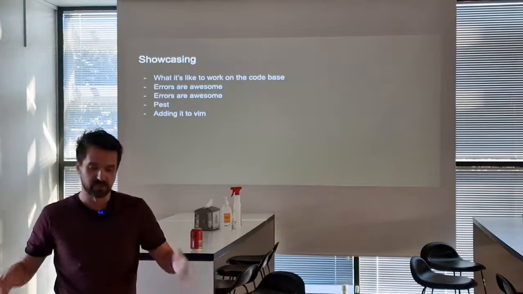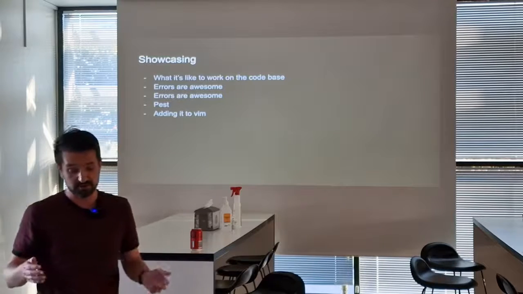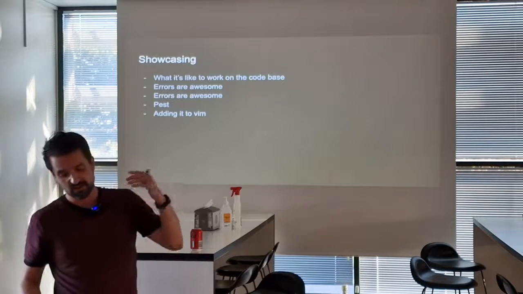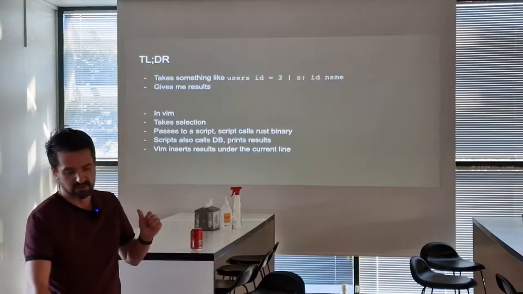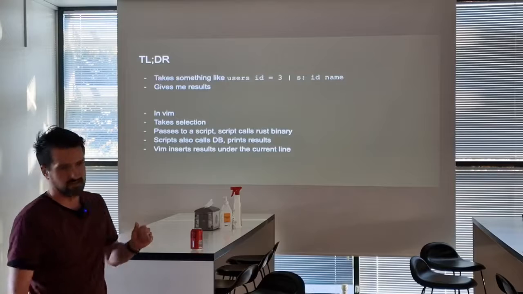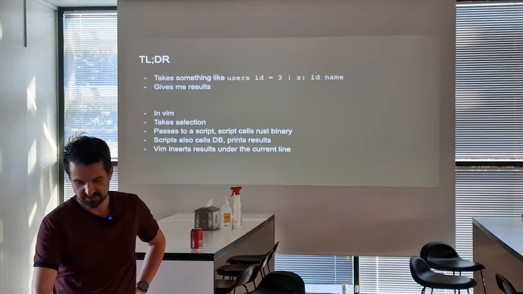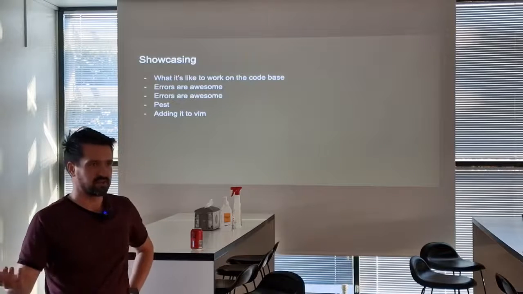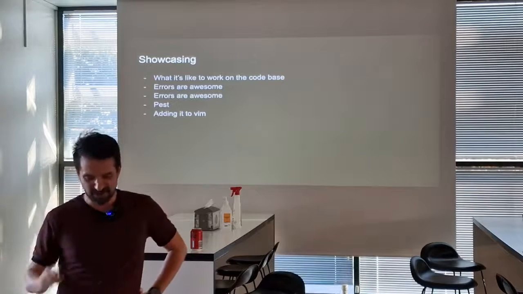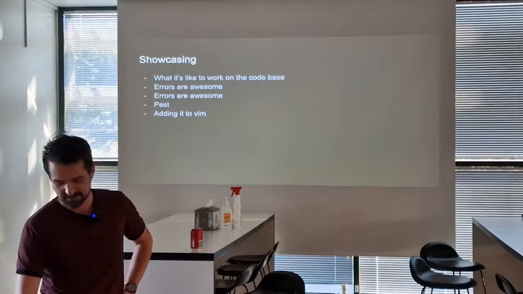What are the good parts? I want to talk about errors a bit, and then what I use to create the small language that we have in there, and how easy it is. I think a lot of things could be easy when you can create your own language. And I'm also going to talk about adding it to Vim. If you're marginally familiar with Vim, this makes it very easy to add stuff to it.